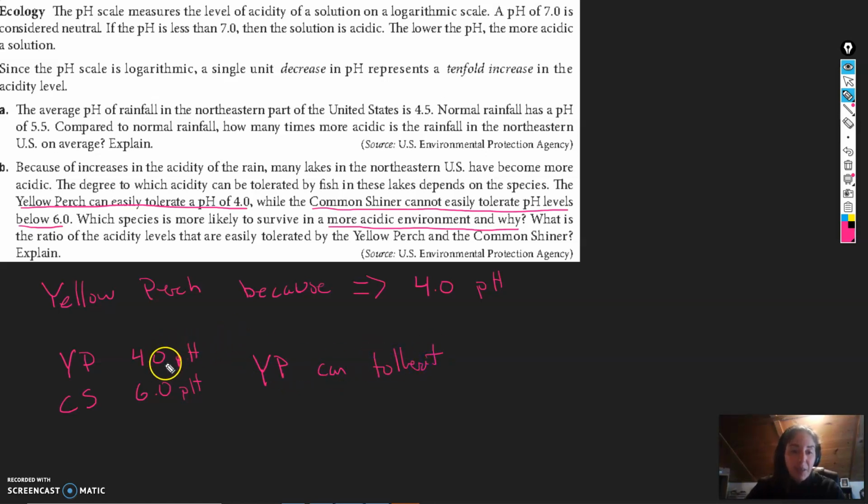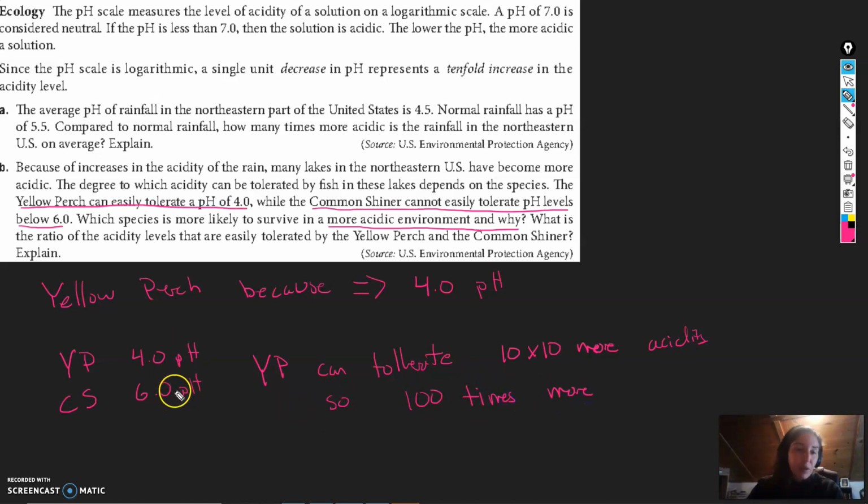Every time we drop pH, it's a 10-fold. From 6 to 5 is 10, from 5 to 4 is 10 times more. So 10 times 10 more acidity, so 100 times more.